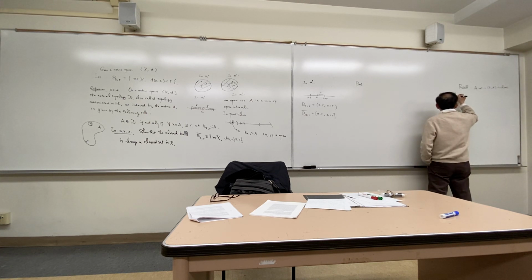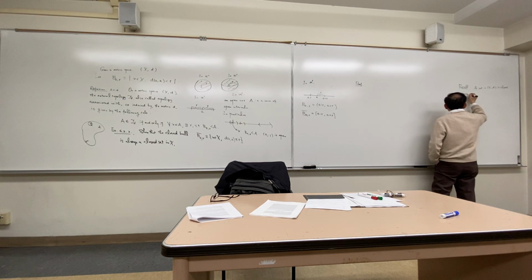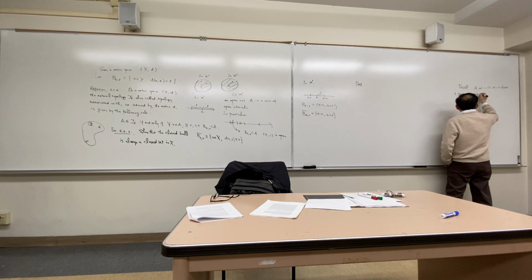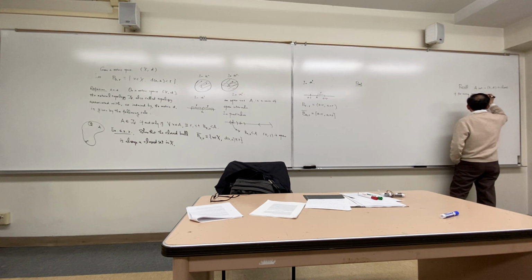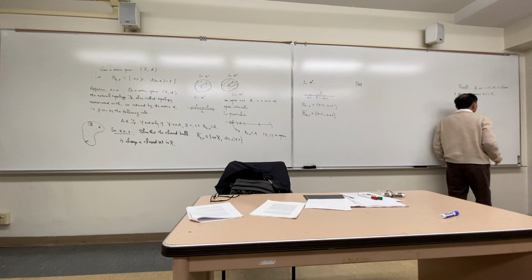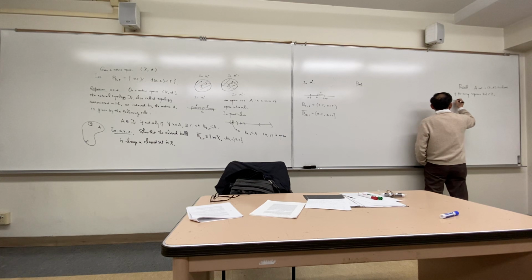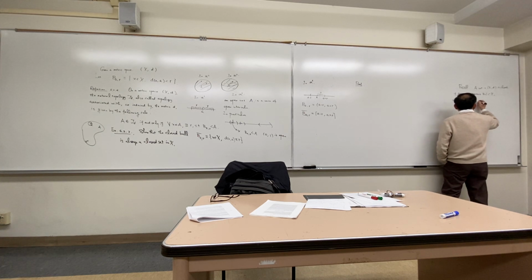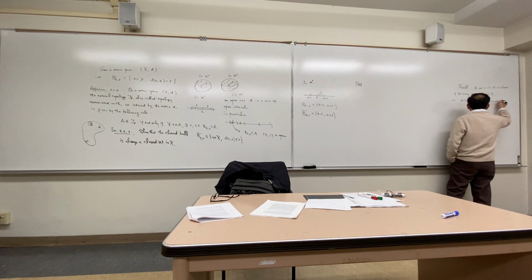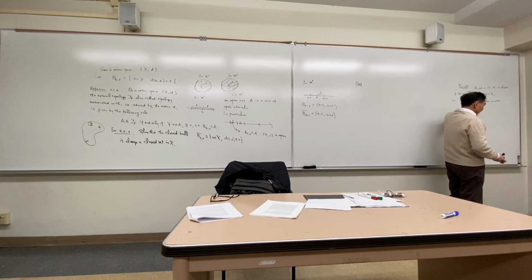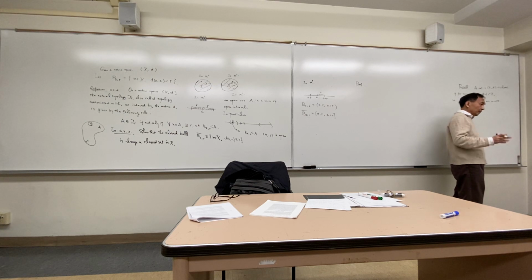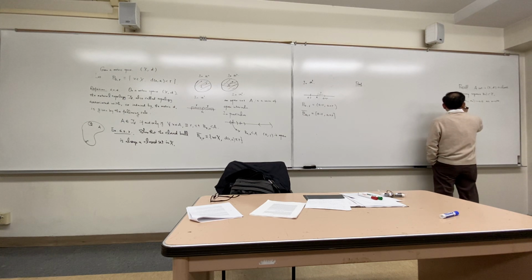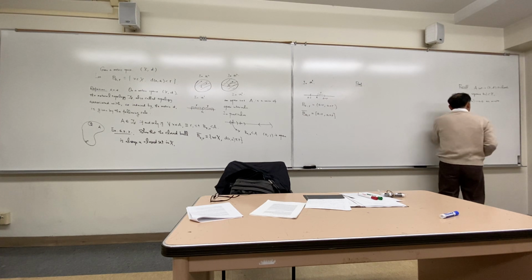If for every sequence x_n in X such that the distance between x_n and x naught goes to 0 as n goes to infinity, so that means this x naught is a limit point in the sense of this distance, then this x naught must belong to X. So that means X is closed.